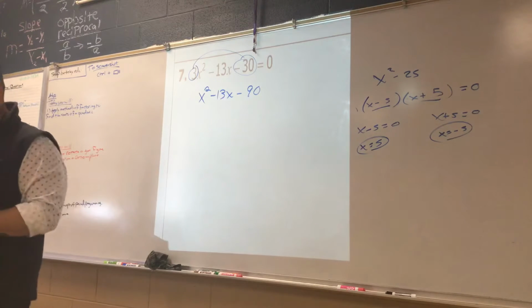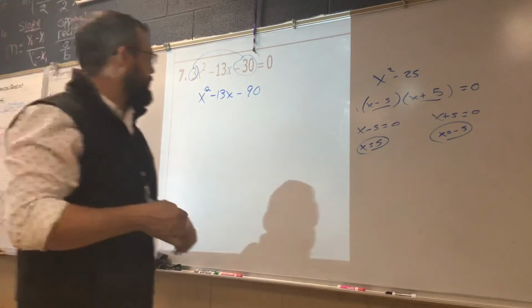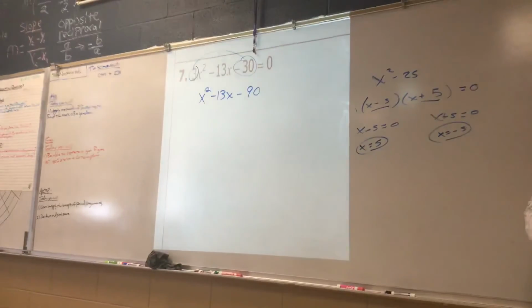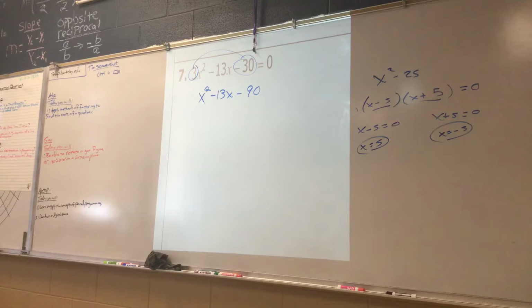So factors that multiply to give you negative 90, but add to give you negative 13. And it may be beneficial to make your T-chart.